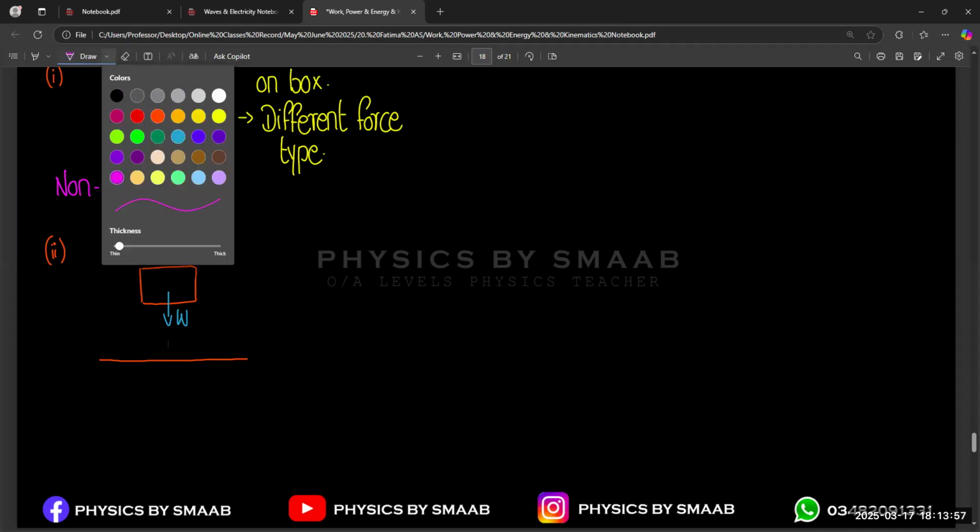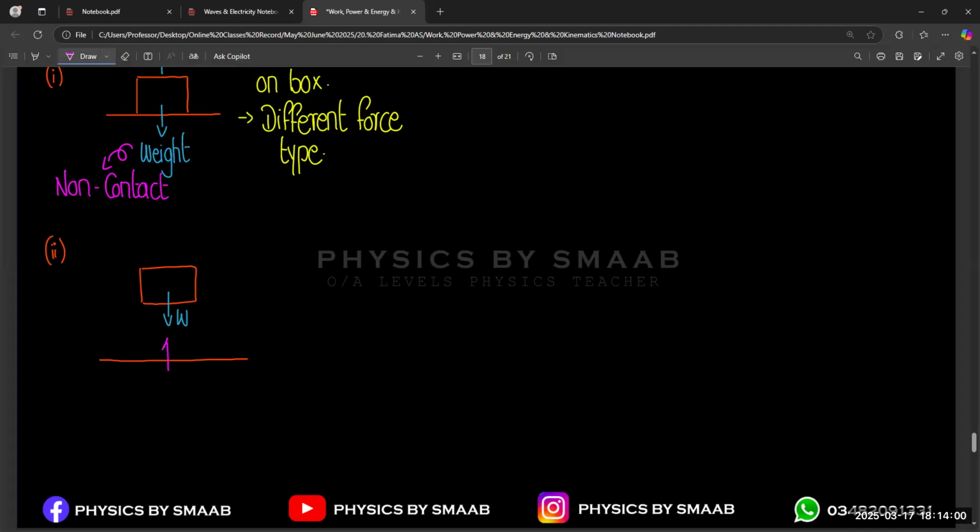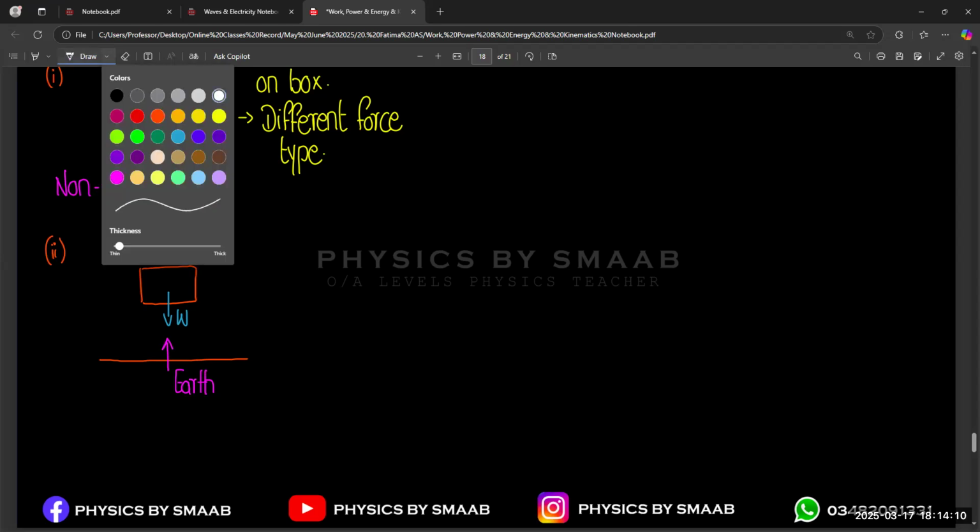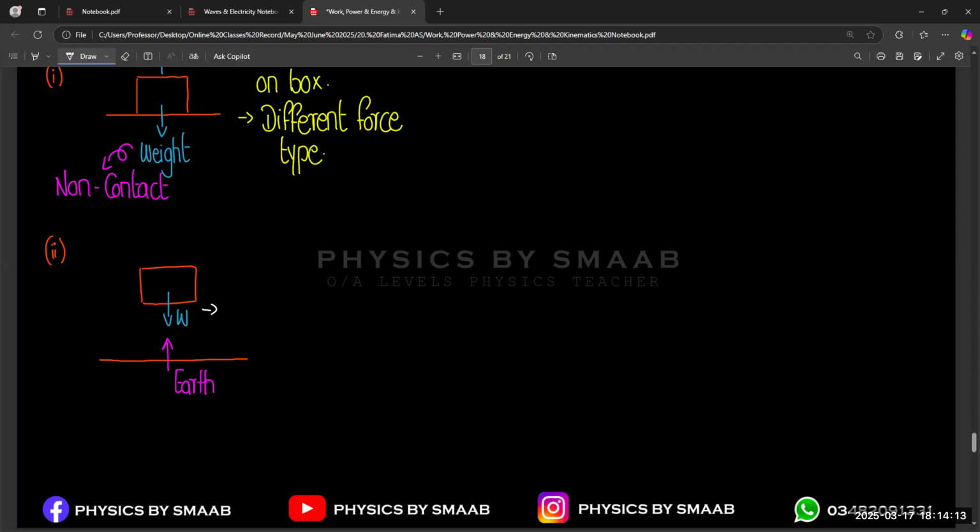This purple force, or in other words this W force, is the pull of earth on box. And in the same way, this is the pull of box on earth.